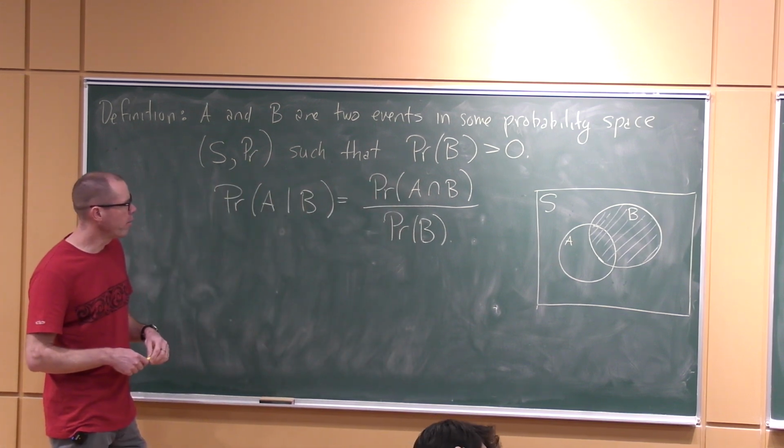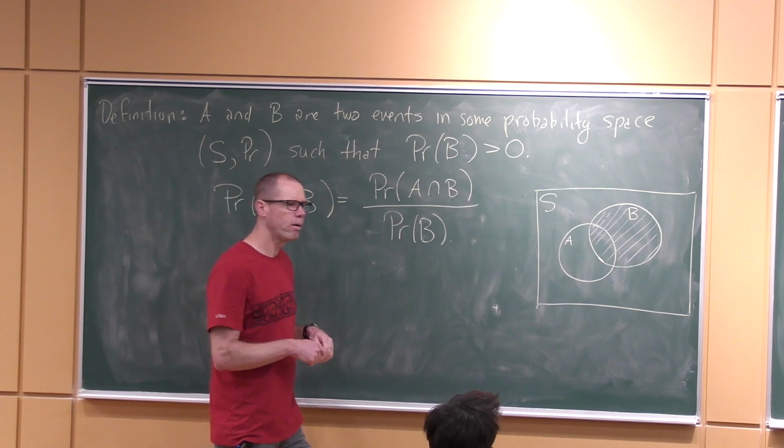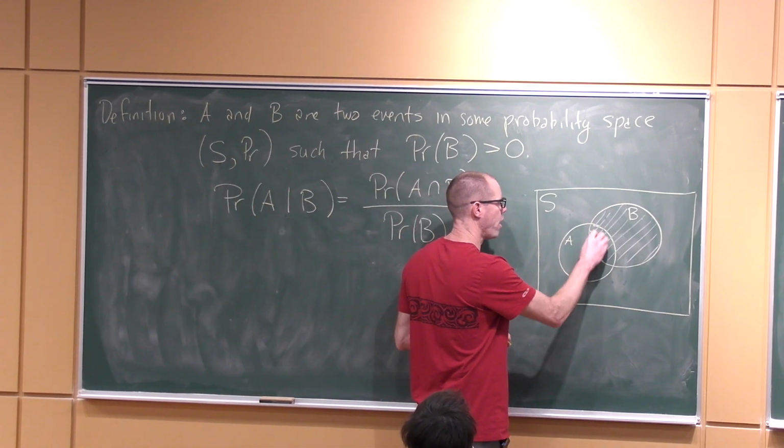And what is this thing measuring? Well, it's got the probability of A intersect B on top here. So that's this area, right?